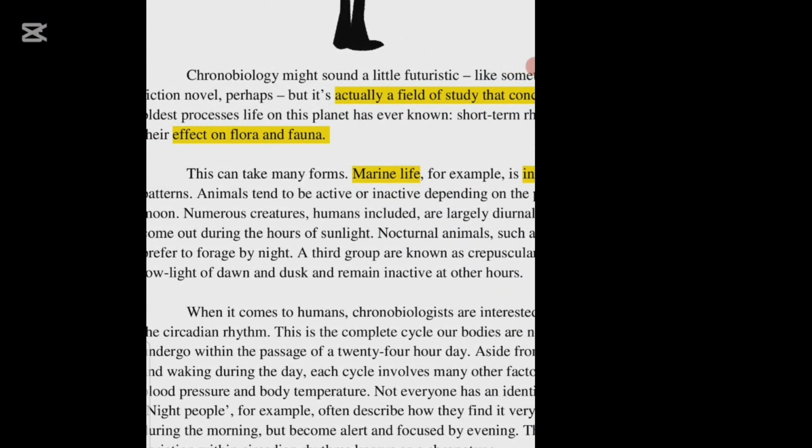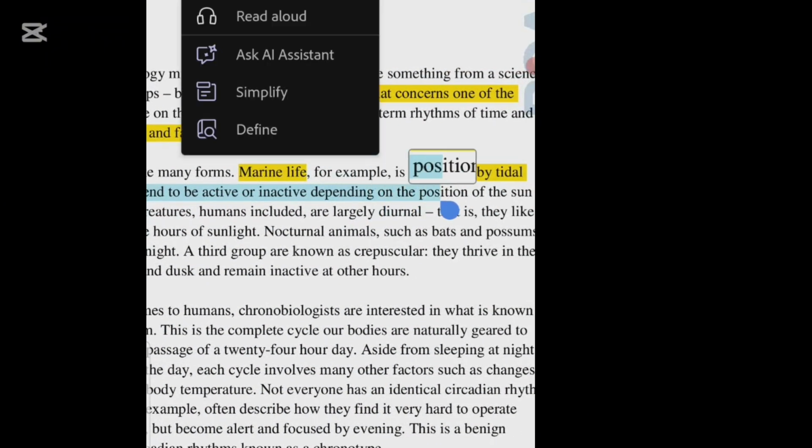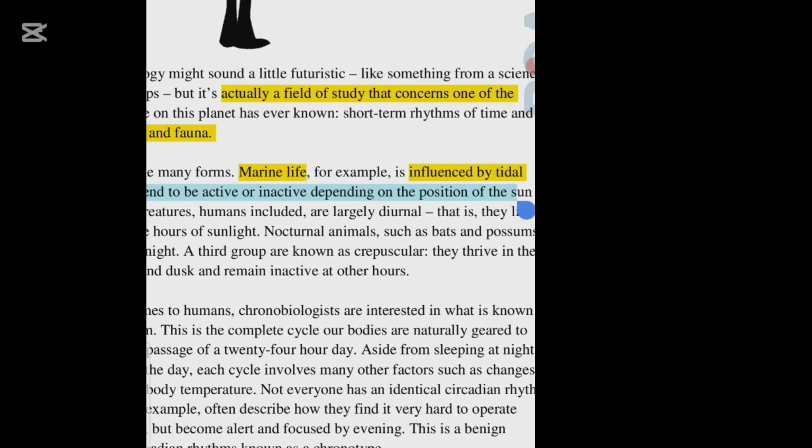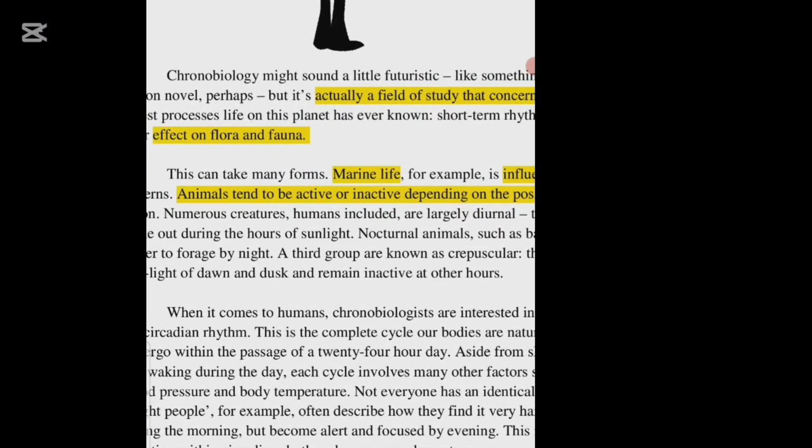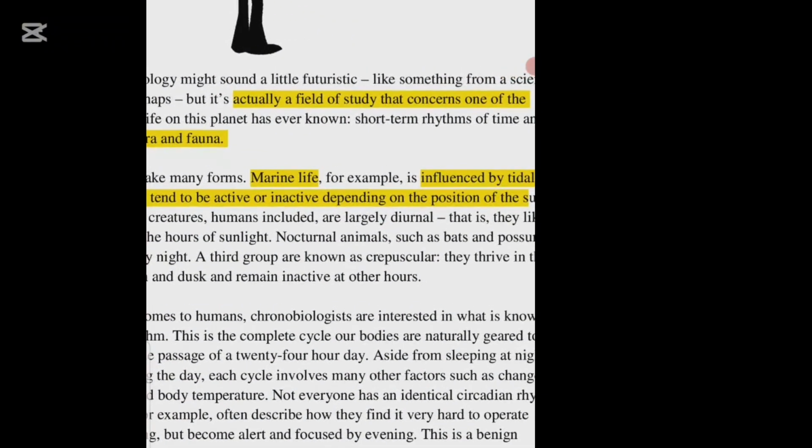Animals tend to be active or inactive depending on the position of sunlight. This hasn't said anything about most animals, although I have seen animals, right? It says animals can be active or inactive during the day, depending on the position of the sunlight, which means that depending on whether it is night or day, animals can be active or inactive.